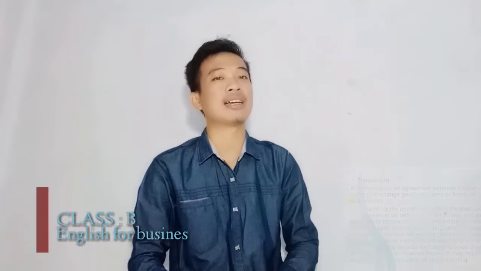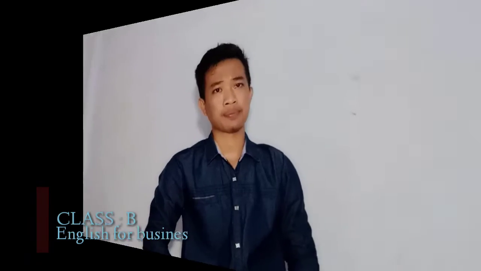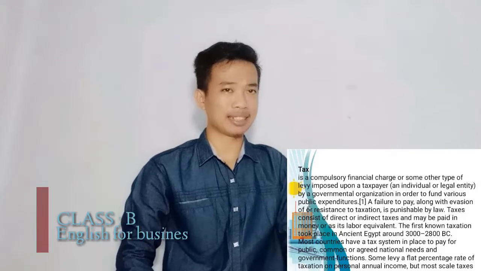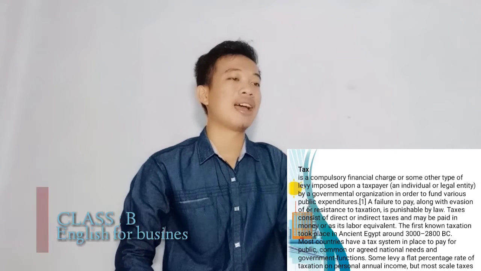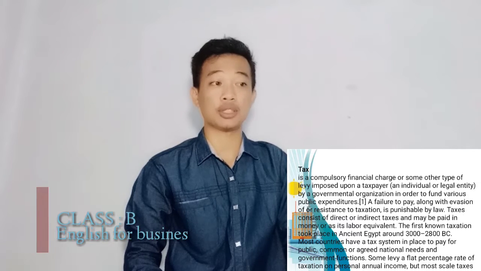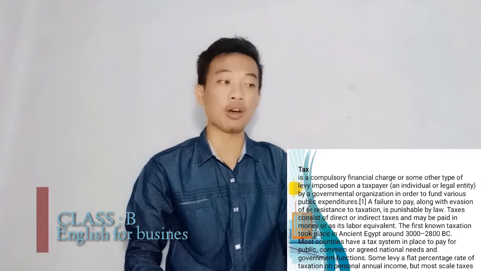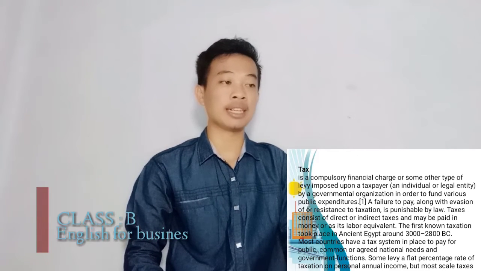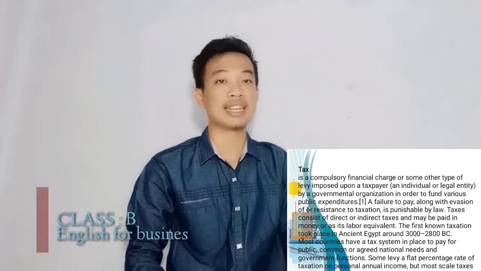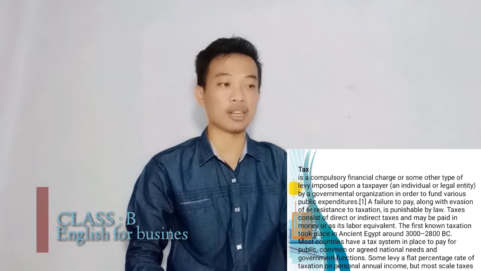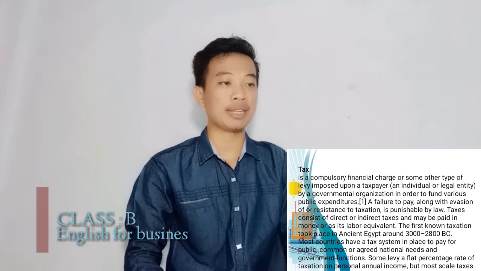And after that, next is the tax. In this tax, I would like to explain again. Tax is a compulsory charge or some other type of levy imposed upon a taxpayer, an individual or legal entity, by a governmental organization in order to fund various public expenditures.